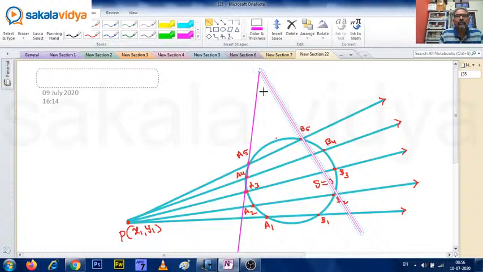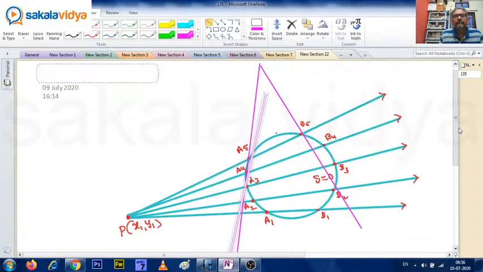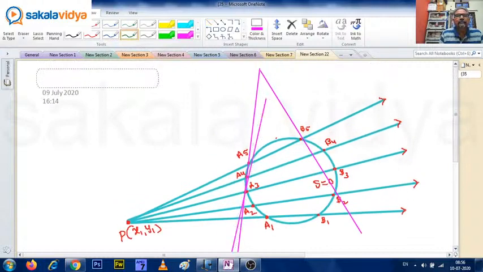So now you draw the tangent for this one also, second point of intersection. So here also you can draw tangents like this.